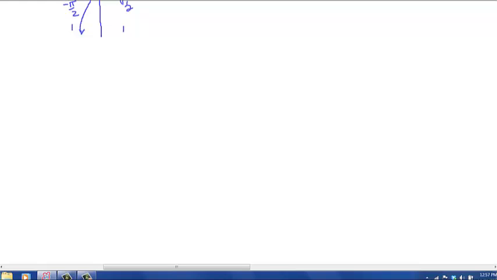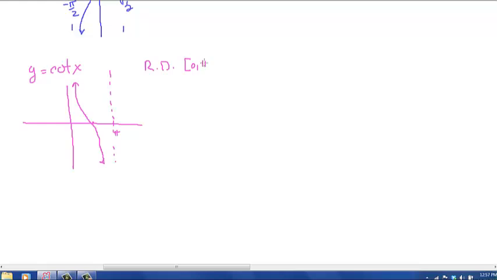And finally, let's take a quick look at cotangent. All right, so cotangent, like tangent, if we're just looking at one period of the graph, it is 1 to 1. So cotangent looks like this. So I can restrict my domain. I'm just going to put RD for restricted domain from 0 to pi, and then the range, again, is all real numbers.